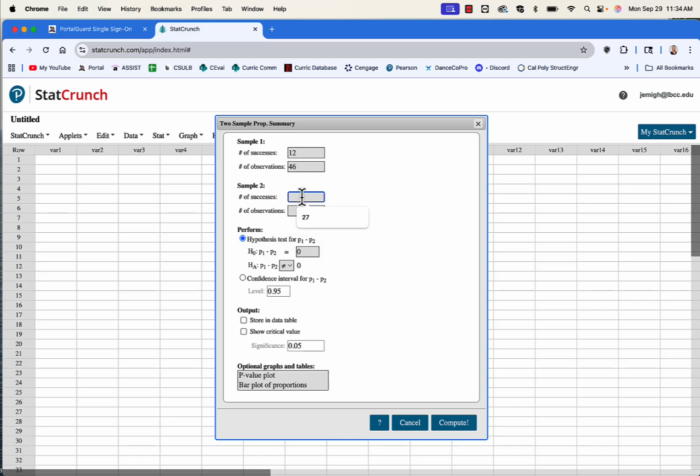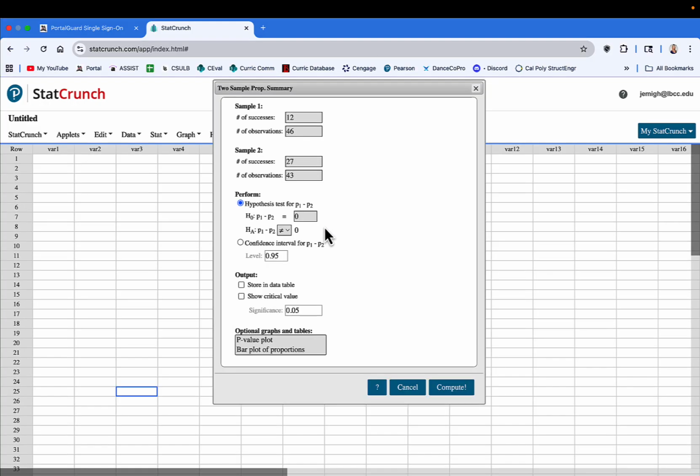Number of successes for population 2, 27 spent the money, there were 43 in that group. I can show you what that looks like when we get back to our notes. Okay, click Show Critical Value, significance level was 0.05, and we hit Compute.